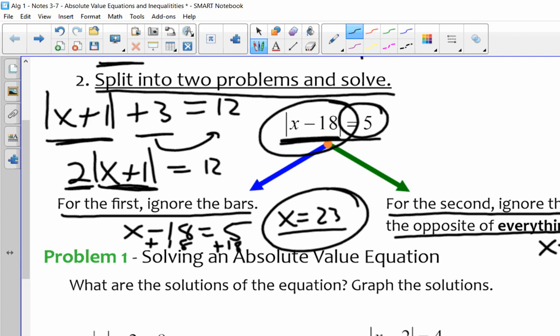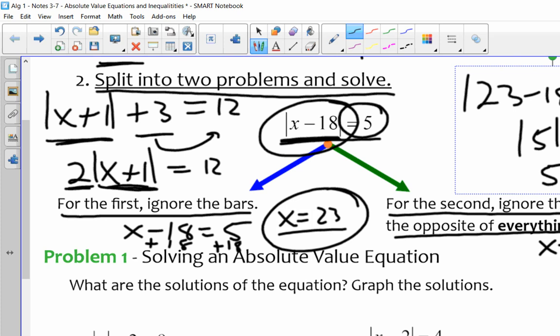And let me just do this. First answer we got was x is 23, so I plugged 23 in for x, and 23 minus 18 is 5. What is the absolute value of 5? Well, if it's positive inside there, I just keep it positive. I get 5 equals 5. Okay?